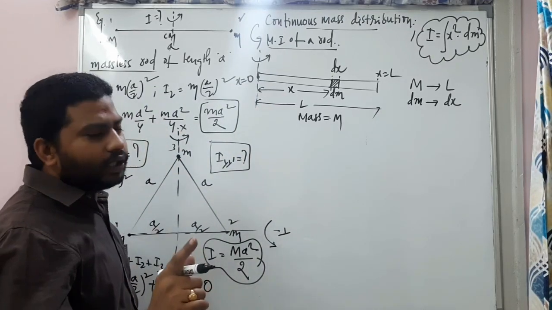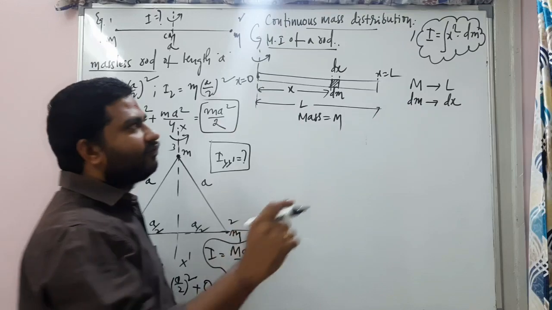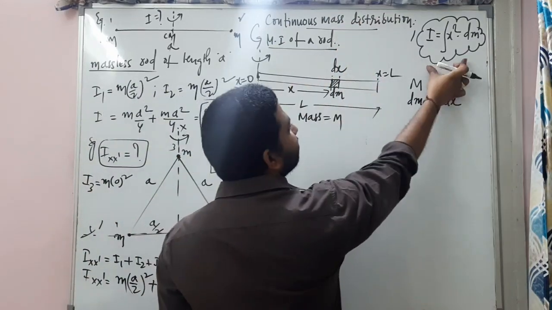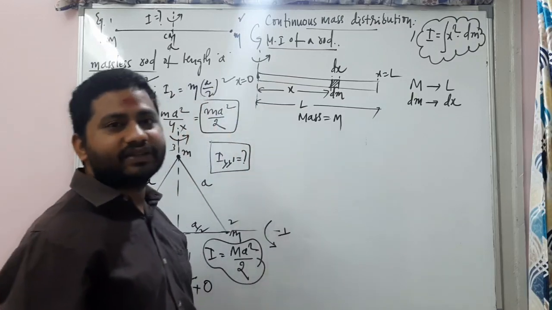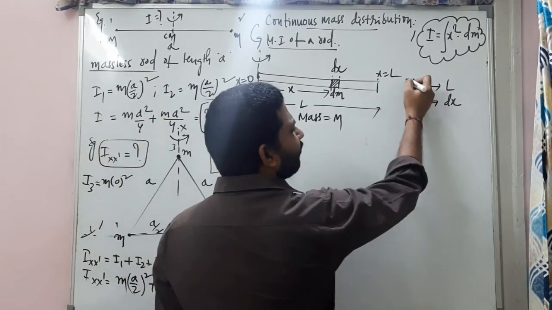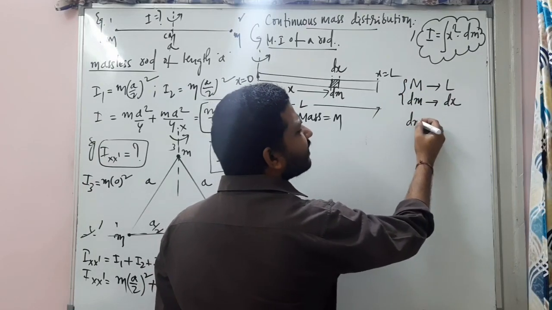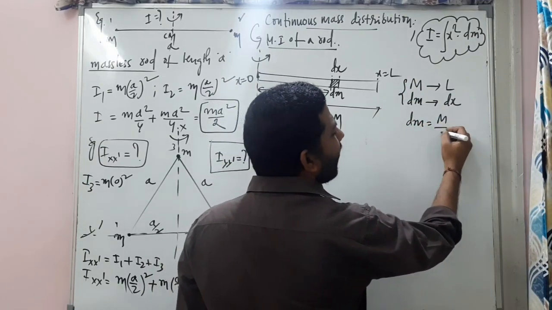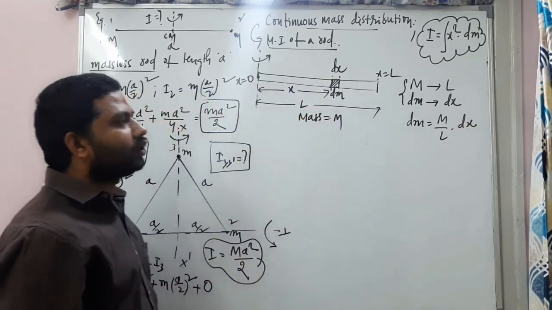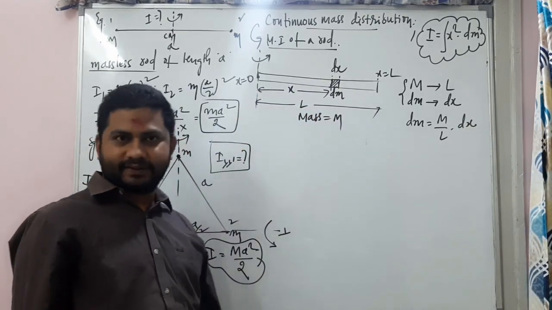The one and only formula for identifying the moment of inertia for a continuous mass distribution is I is equal to integral x square dm. From this, dm is equal to m by L into dx. Observe carefully.